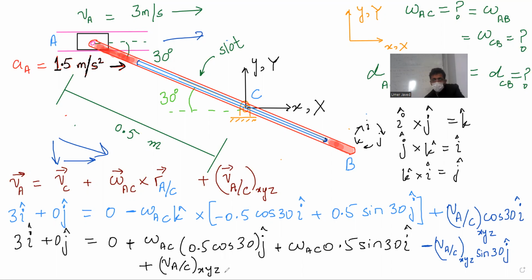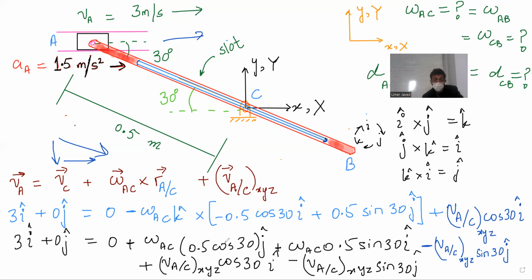That tells me at which speed I am going towards the center of the disk or going away from it, and minus VA with respect to C small xyz sine 30 j. It's very easy to make mistakes. I have to double check.